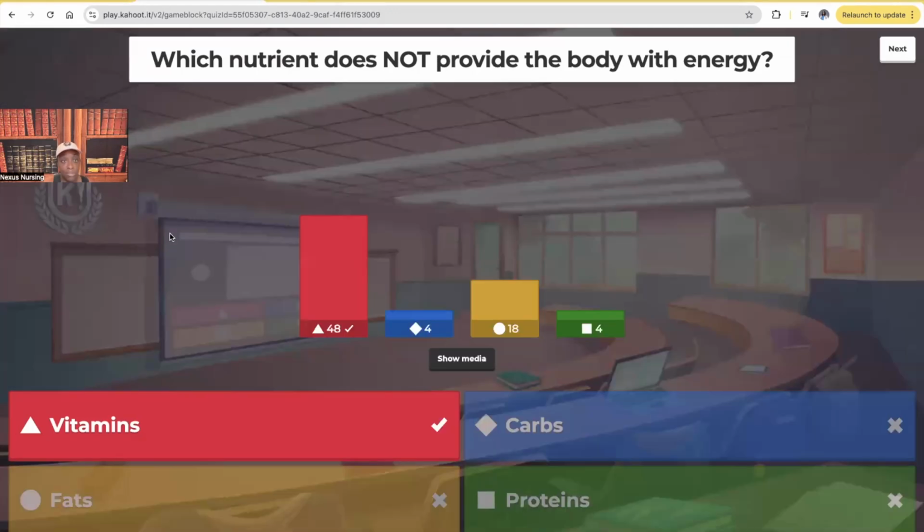Very good. Vitamins. We love vitamins. We love nutrients, but it does not provide the body with energy. The first thing the body's going to use is carbs. Those carbs get broken down for energy, and then fat, and then last protein, not vitamins. Very good.